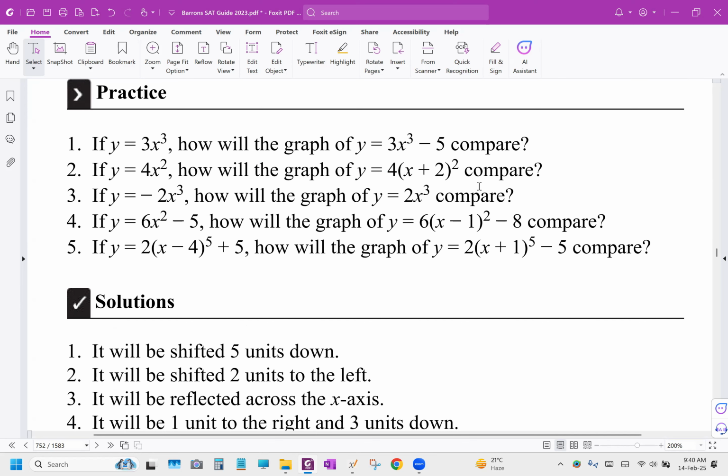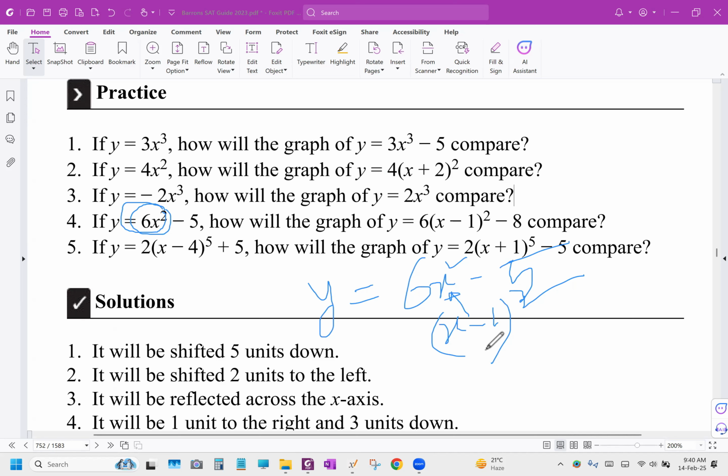Because we are seeing y equals 6x squared minus 5, and we are putting x minus 1 in the position of x, and we are putting minus 8 in the place of minus 5.